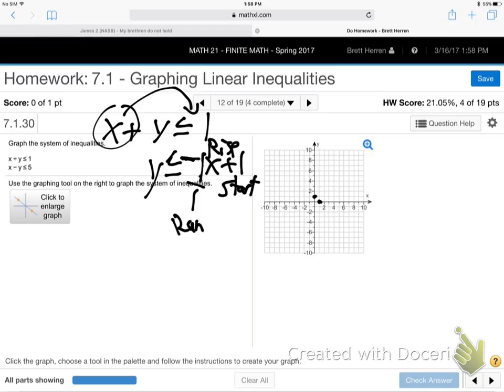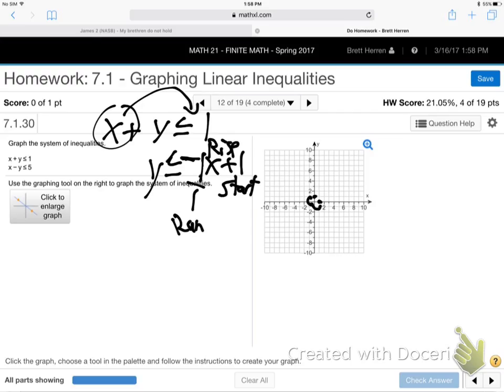It goes there, doesn't it? Everybody see what happened? You move that x to the other side, it's a negative x, negative 1 over 1. So from my first dot, which is at up 1, I go down 1 over 1 to my other dot. That good?